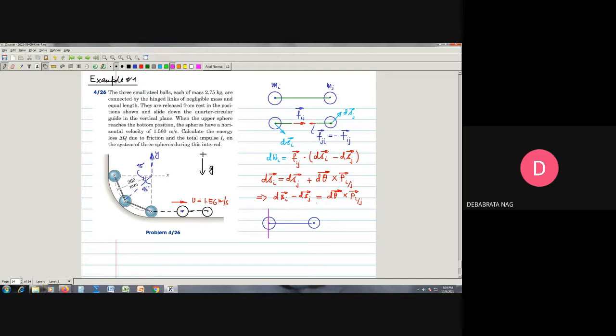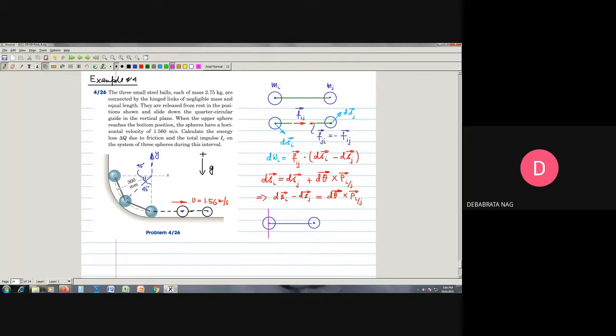That means either this will be directed this way or it will be directed in this way. But whatever be the sense, the direction of this vector is going to be like this. So that is going to be my differential relative displacement between these 2 points.